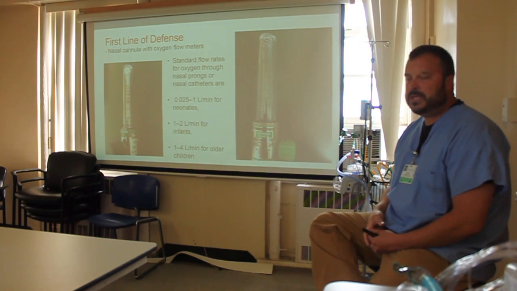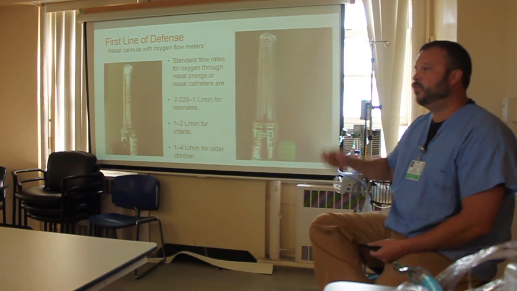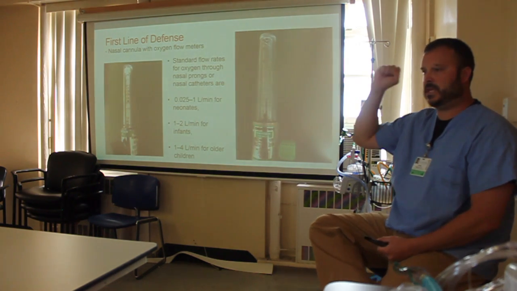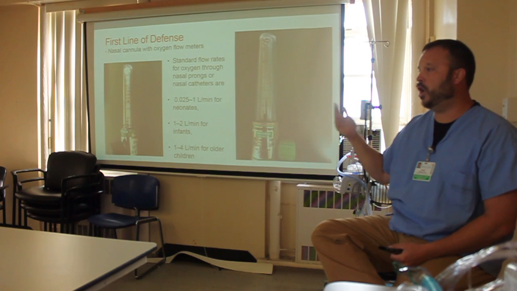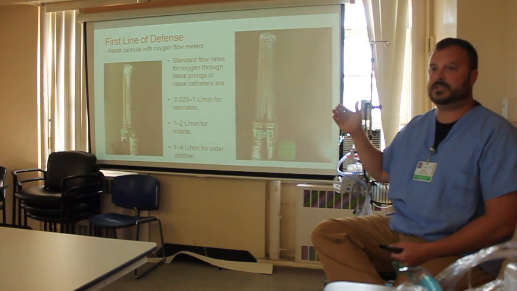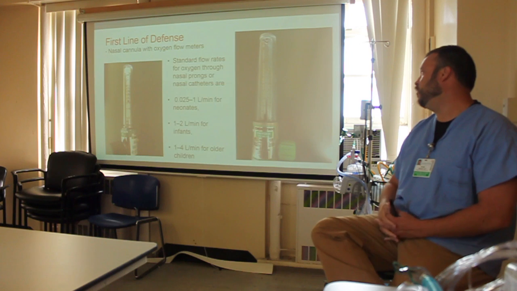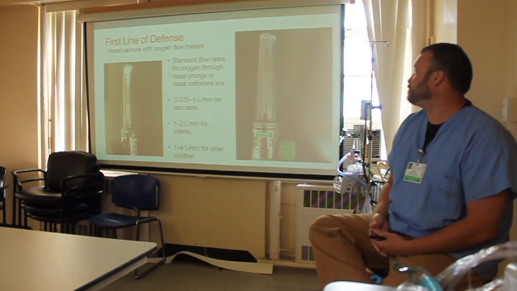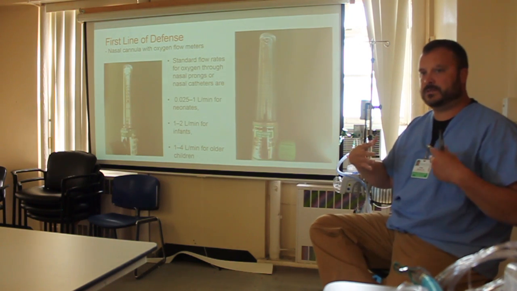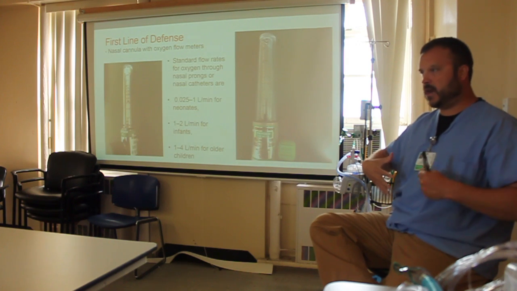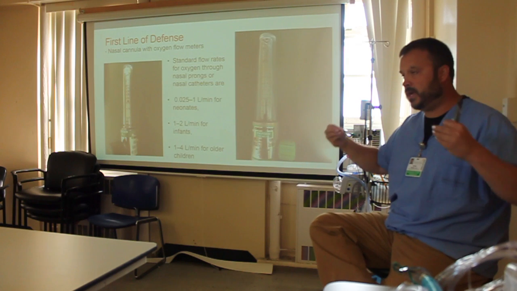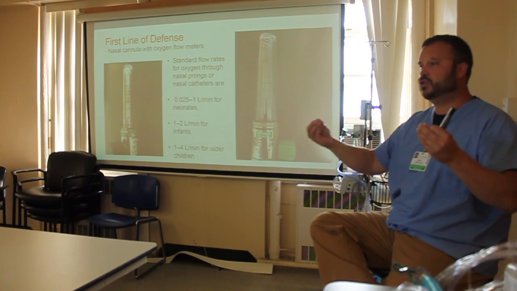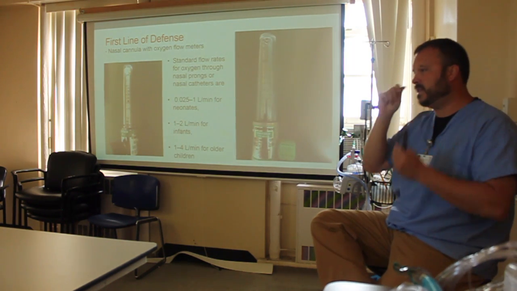What we truly have to think about is when you take one of these flow meters and screw it into the wall, what's coming out of that wall is 100% oxygen, straight up, and that is what it is, okay? So when you do that, with an adult, because of our tidal volumes and basically how big of a breath we're taking, we can entrain air around that nasal cannula, so we're pulling room air in at the exact same time.